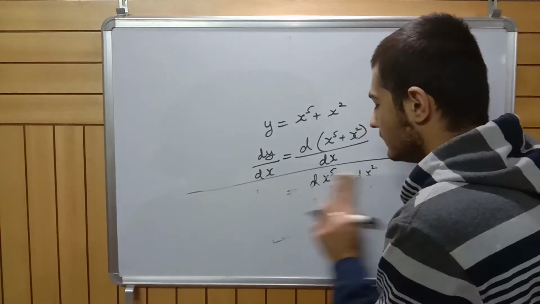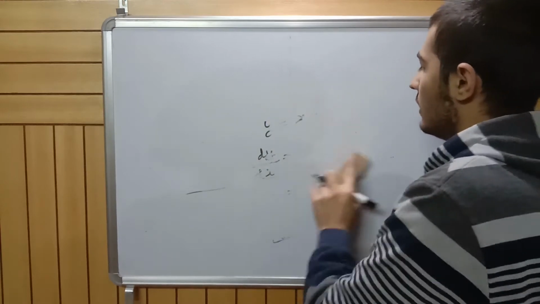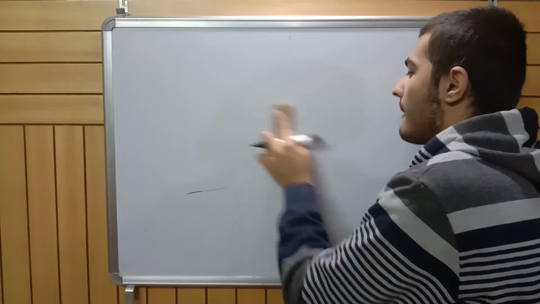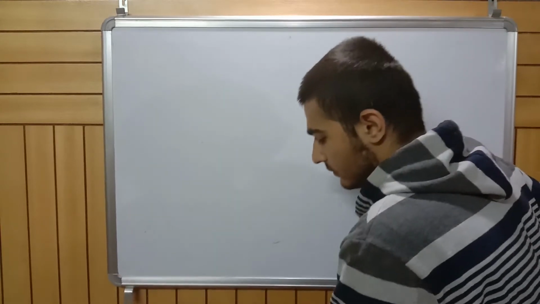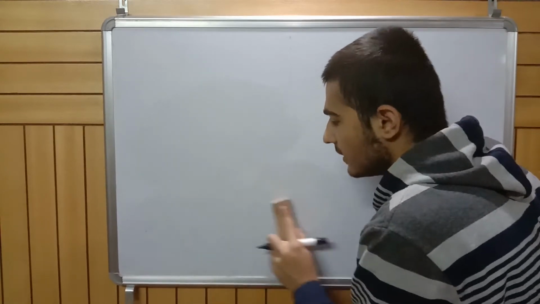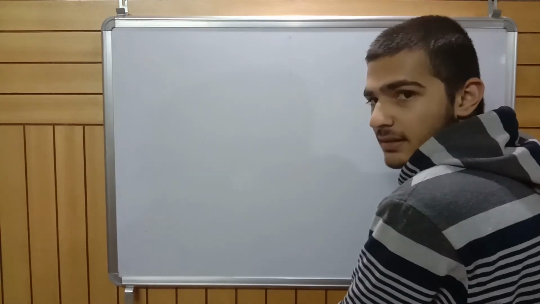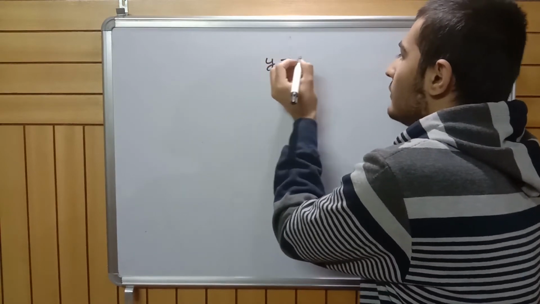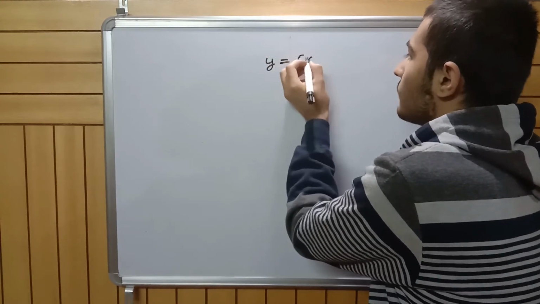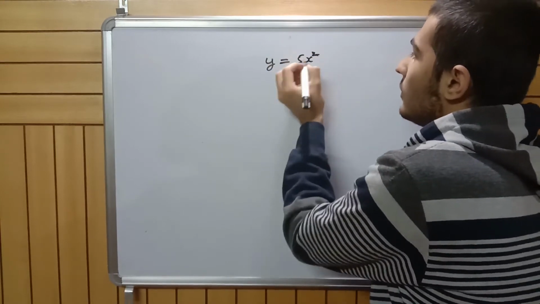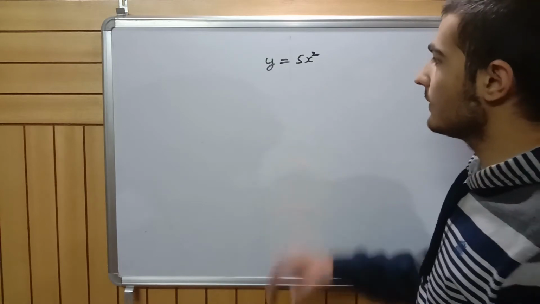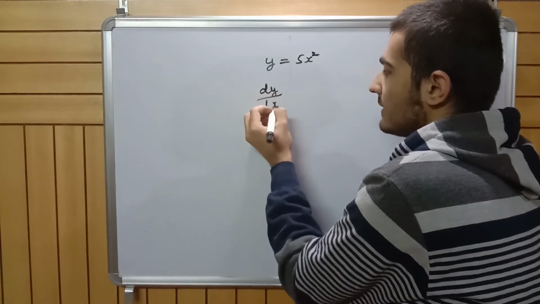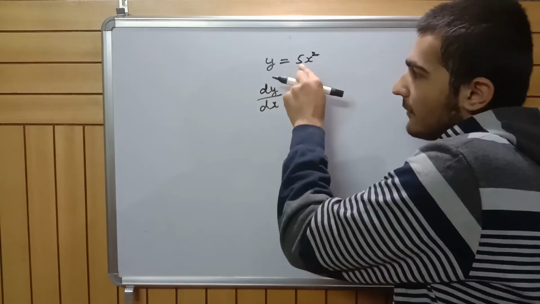One more thing that you should know is that if you've got a coefficient, it just stays there. For example, if I ask you to find the derivative of this, you simply write dy by dx equals, so the 5 is the coefficient here.